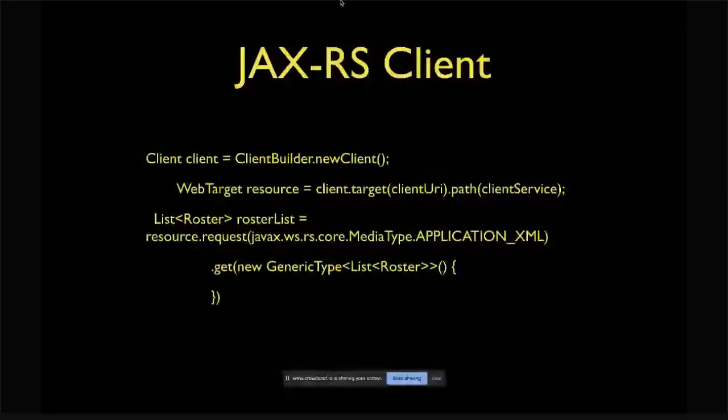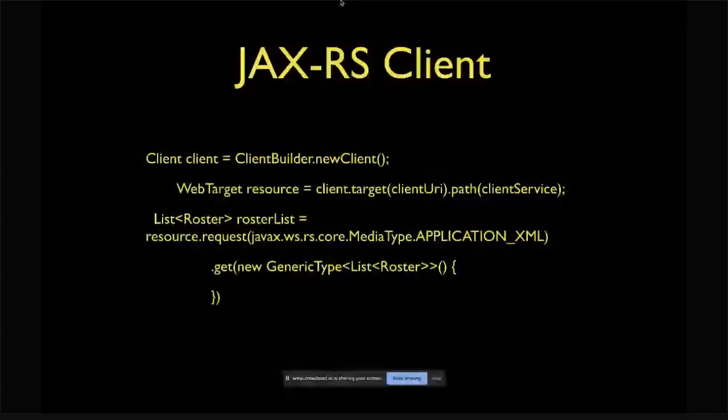So one such implementation is the microprofile RESTful web services client, which allows you to use an annotation instead. But in this case, what I'll be doing is basically showing you how to do all the code.